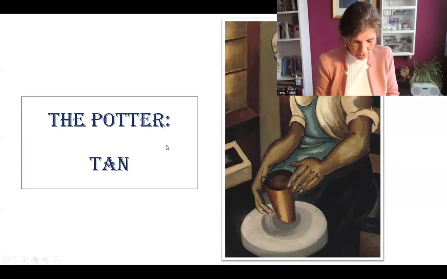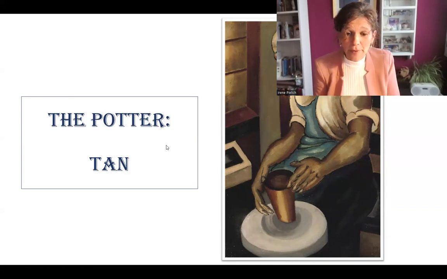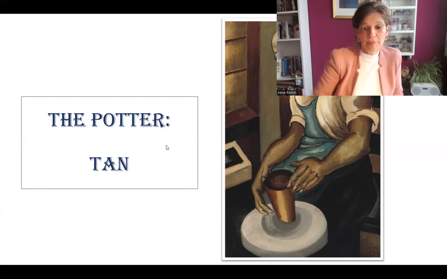Well, the story goes on. How did he make his pottery? And how did he make his clay? Well, I will tell you. First, he went to the river, and he dug a lot of clay on the bank of the river.